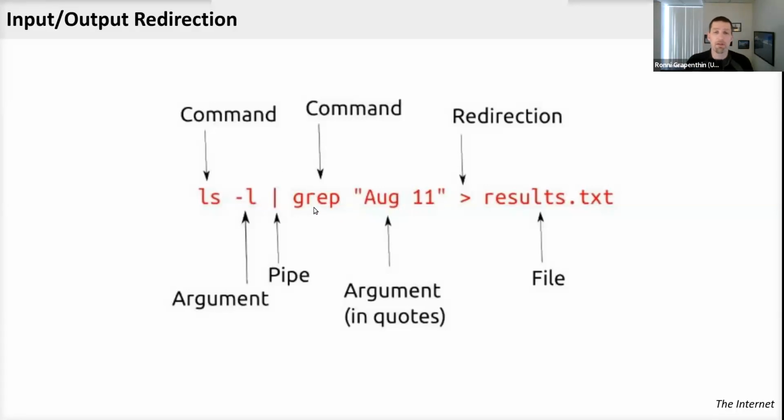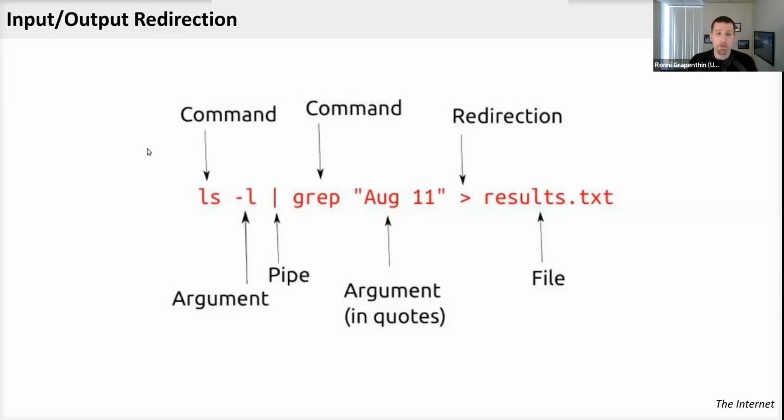Now, grep is a pattern matching program that looks for patterns that you give it in the input that it receives. So you take ls -l, which is a list of file names and dates of last use or creation, and then you look in that long list for the string AUG space 11. This is the argument that grep takes.